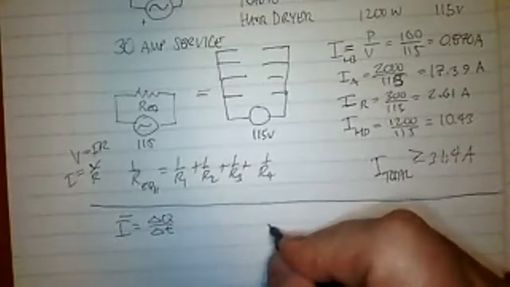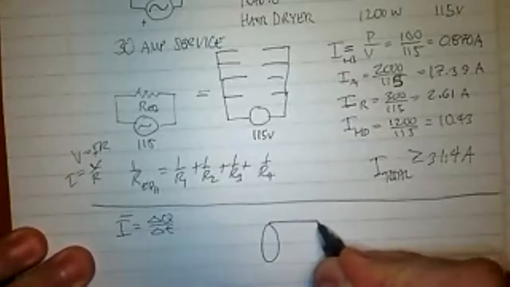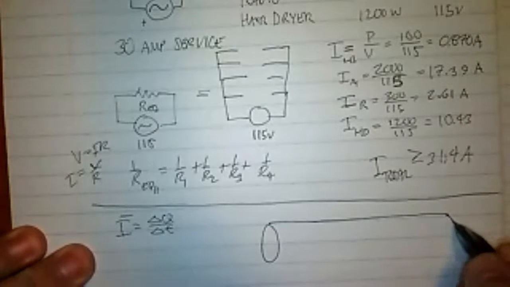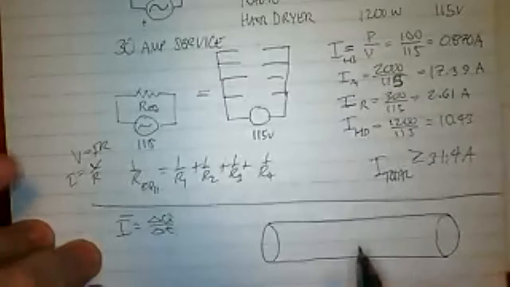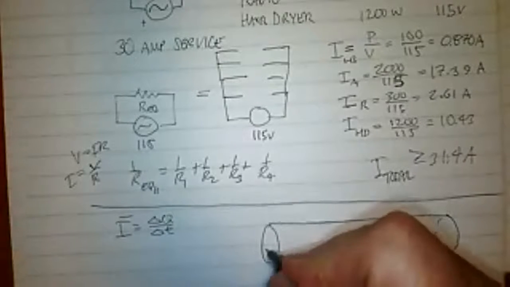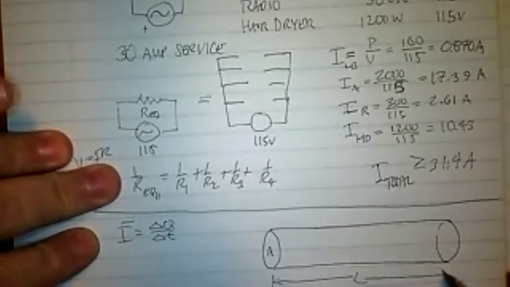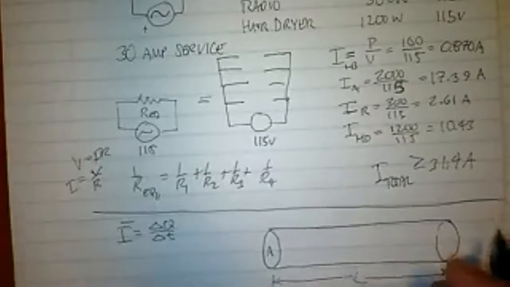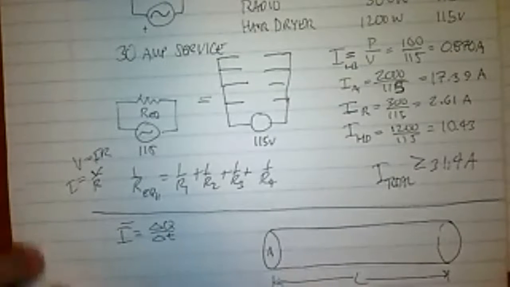So if you take a chunk of wire like this, and you imagine it has an area, say A, and a length, say L, like that, what we need to know is basically the number of charges you have free to move in there. So I need to find how many charges will be moving by.